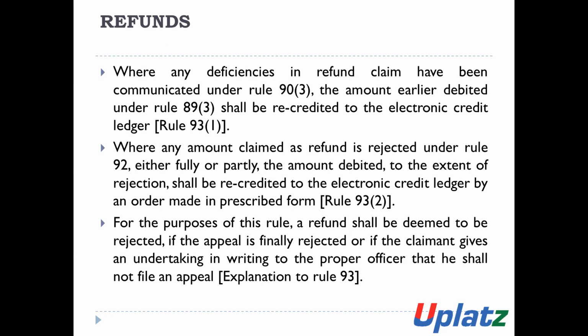When any amount claimed as refund is rejected under Rule 92, whether fully or partly, the amount debited to the extent of rejection will be recredited to the electronic credit ledger by an order made in the prescribed form.